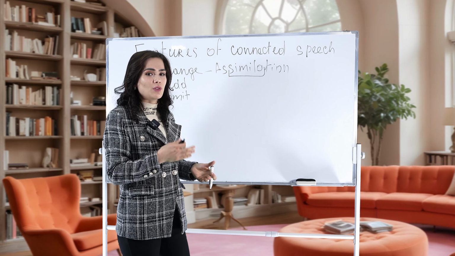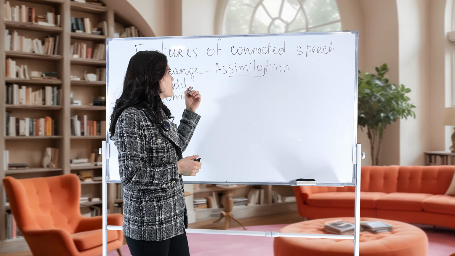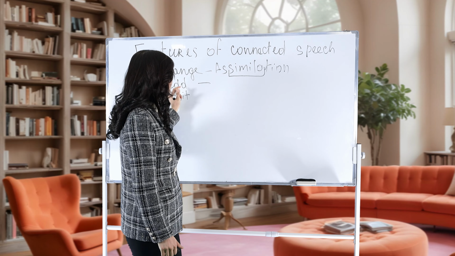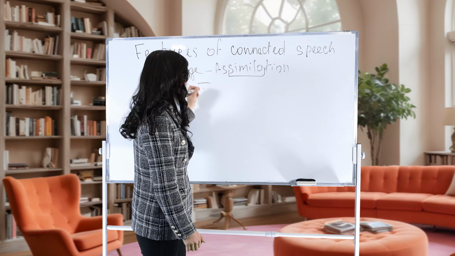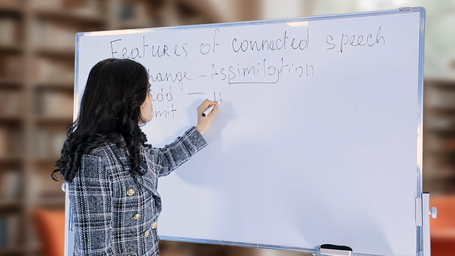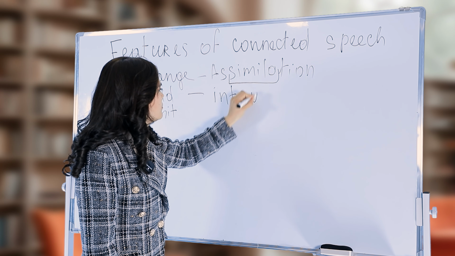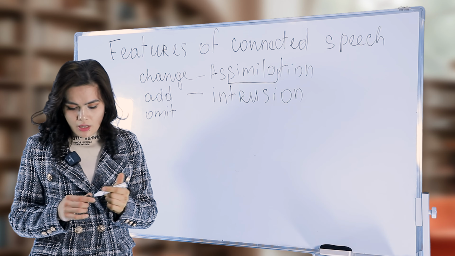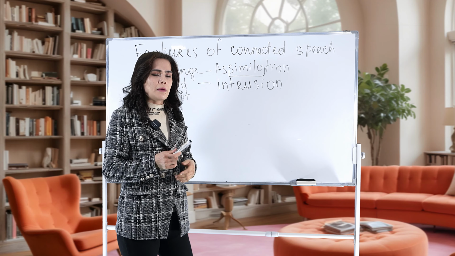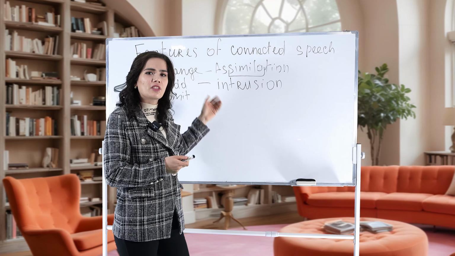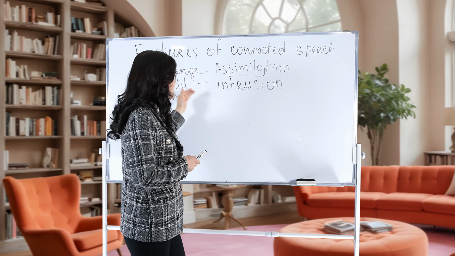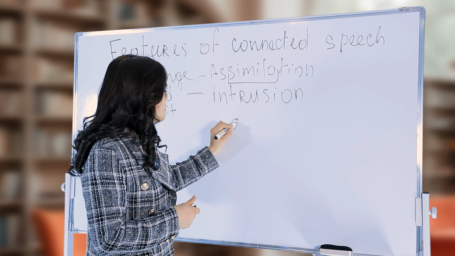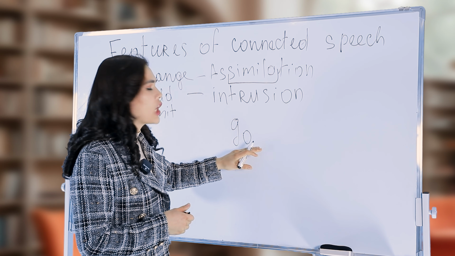So, let's move to another change that is observed in connected speech, which is adding a sound. It is called intrusion. Besides making changes in your sounds, you can add some sounds in your fluent speech. For example, if you pronounce go, you pronounce it go.